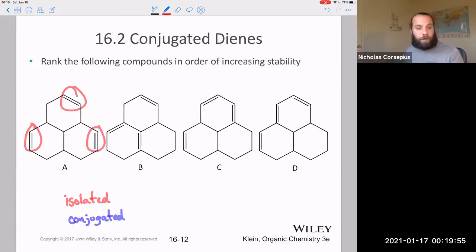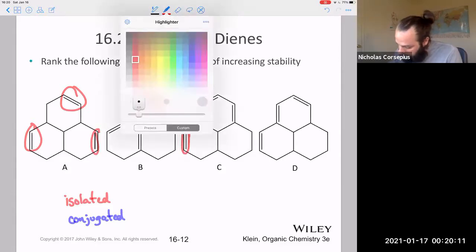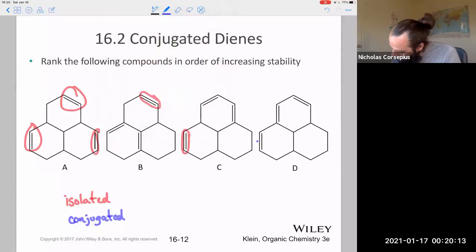There are sp3 hybridized carbons. For B, we see that this one's isolated. For C, again, this one's isolated. And for D, there are actually no isolated bonds. We have the 1, 2, back to the double bond again, so these all three are conjugated together.